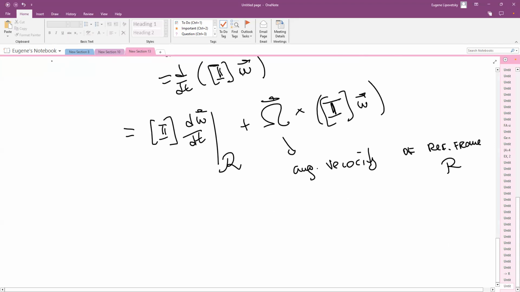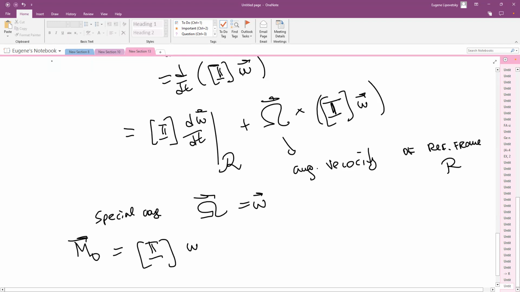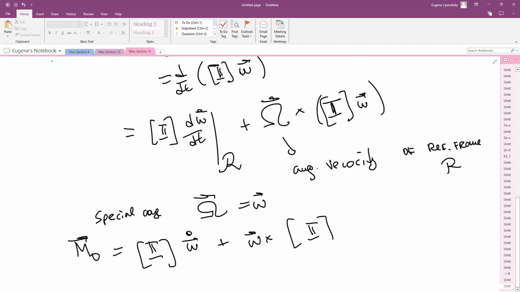Special case is when this one is the same as the body, right? So in this case, M_O equals the I matrix times omega dot plus omega cross product with I multiplied by omega.